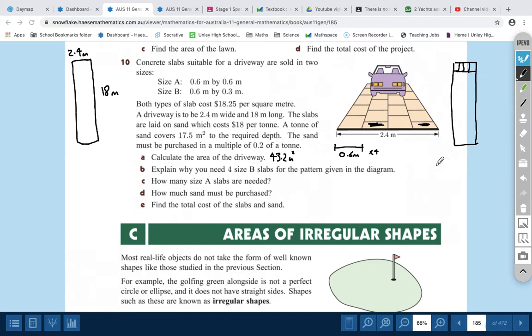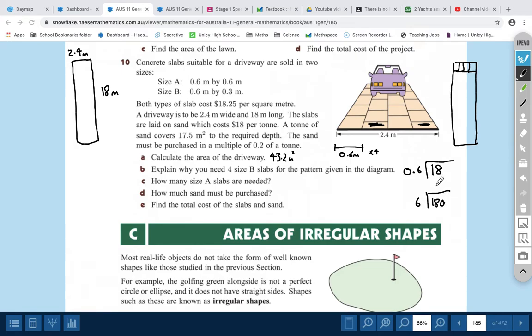We've got 18 metres. Let's have a look at that. 18 metres, and every slab is 0.6. It's like doing 6 into 180. How many times does 6 go into 180?